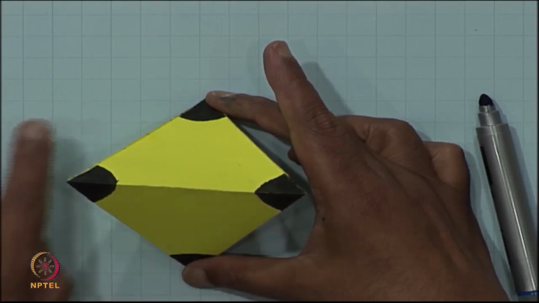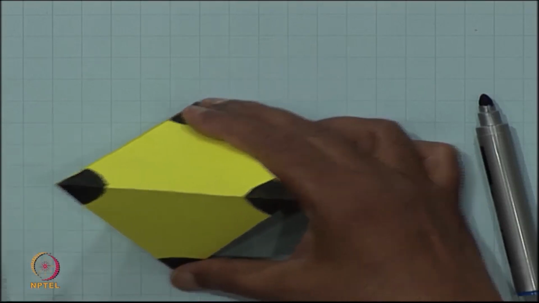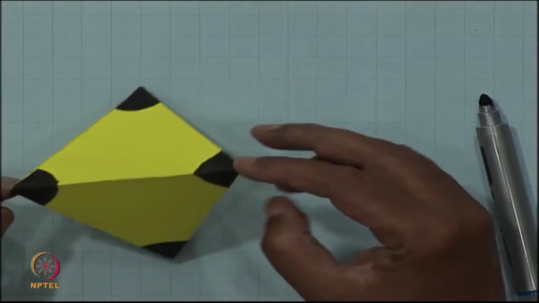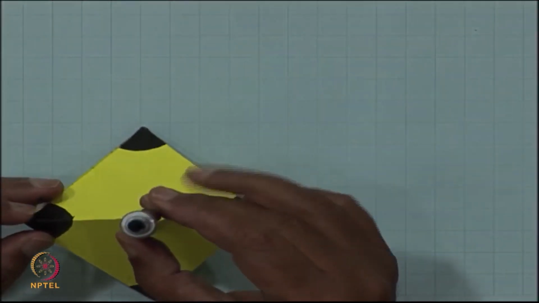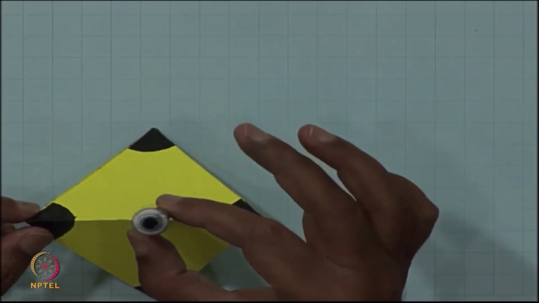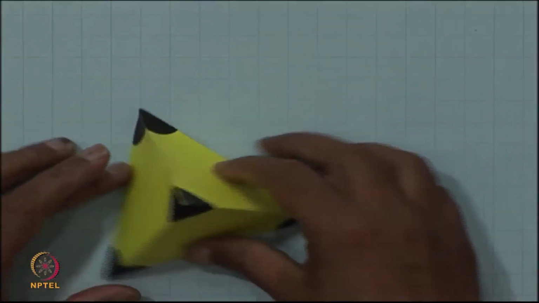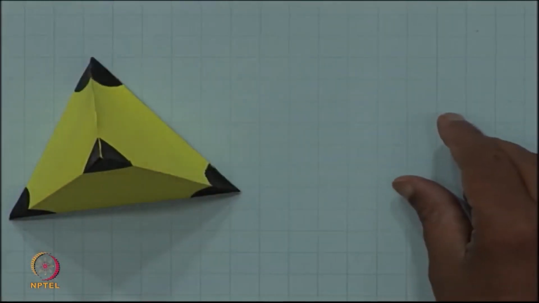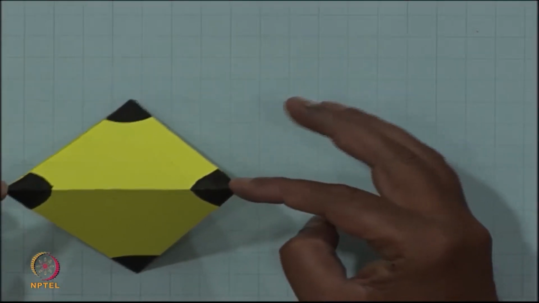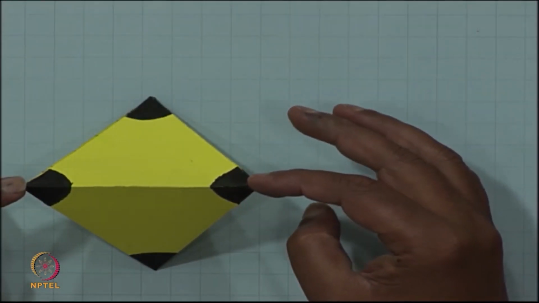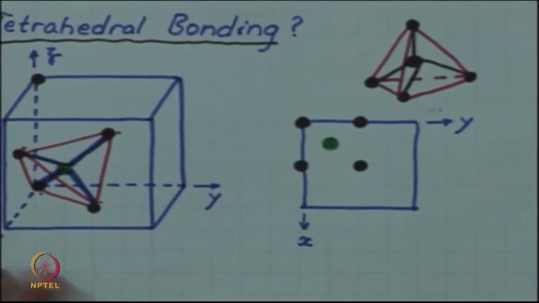So, the 2 lines are at 90° to each other. So, this is another way of looking at the tetrahedron. In this case, the vertical axis is a two-fold axis. So, you can orient the tetrahedron either with three-fold vertical, or with a two-fold vertical in this way.